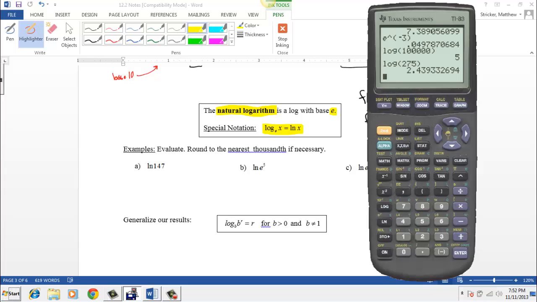One thing I also want to point out is that the log button shares the place on the keyboard with the 10 to the x, which is its inverse function. And then the ln shares the same button as e to the x, because again they're inverse functions. So we could calculate the ln of 147, which is about 4.990 or 4.99.